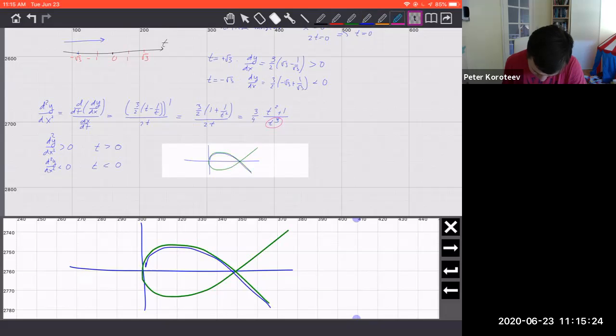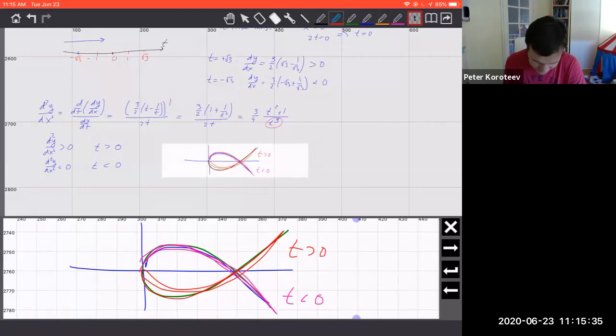In a different color, this branch is t less than 0, and this branch is when t is bigger than 0. And that's consistent with what we know, right? So this is concave up, and this is concave down.